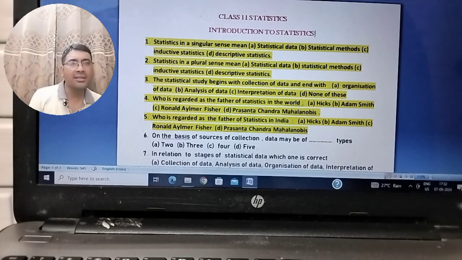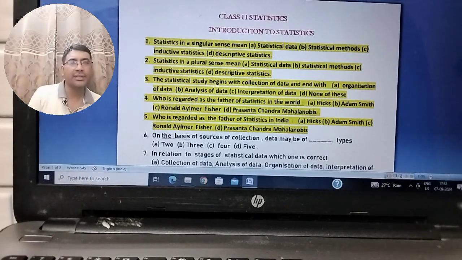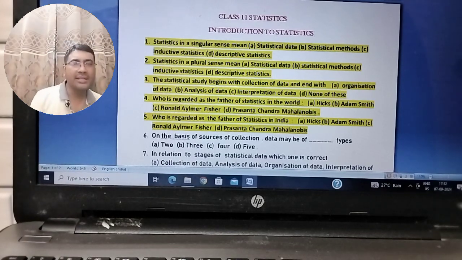So the right answer is option B, that is statistical methods. And number two, statistics in a plural sense means statistical data, statistical method, inductive statistics, descriptive statistics. So statistics in a plural sense means statistical data. In a singular sense it means a method, and in a plural sense it means data.